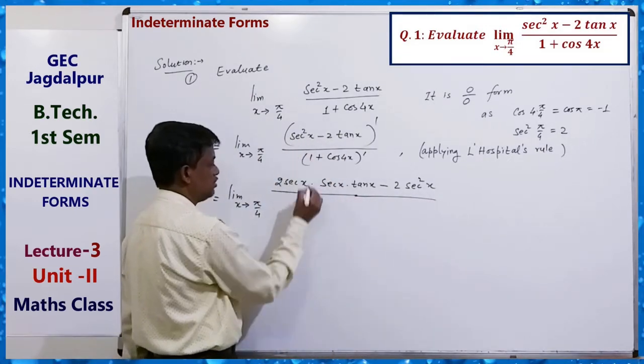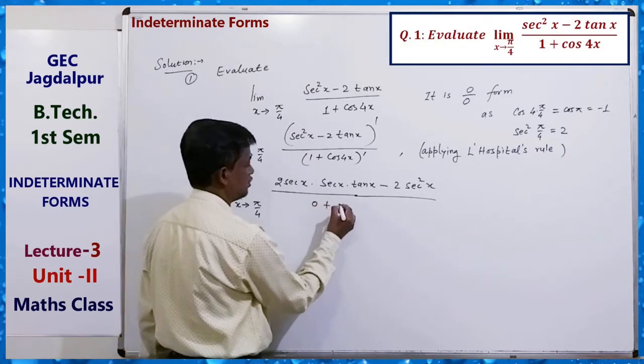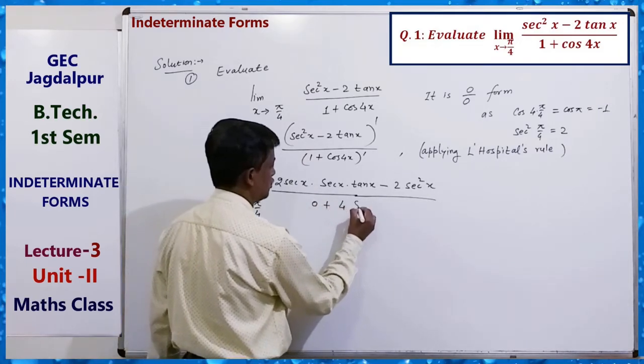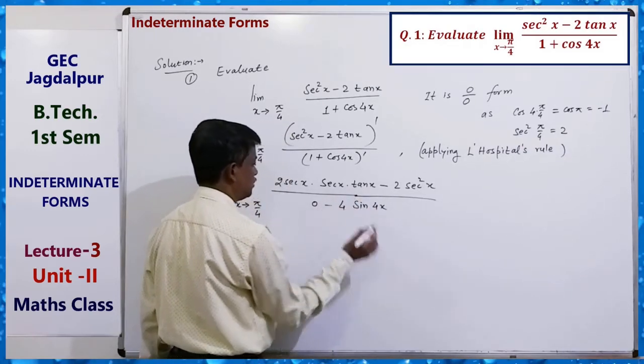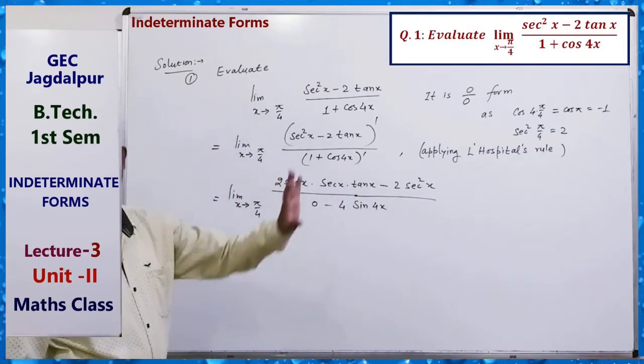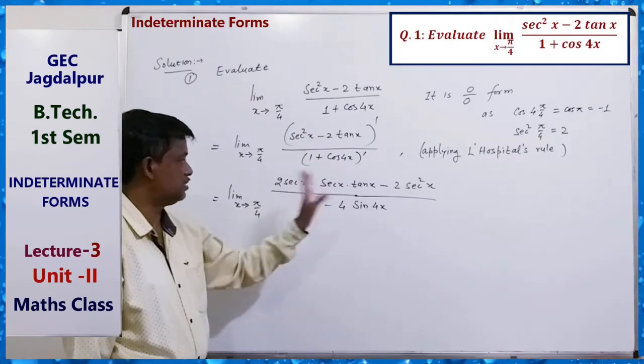Here differentiation of 1 is 0, plus 4 sin 4x. Minus, just we get after differentiation, just differentiate it.